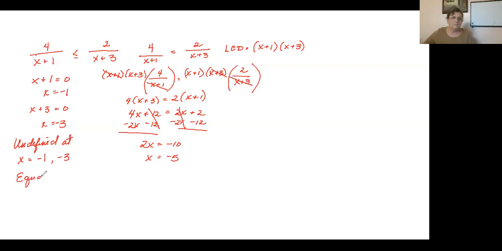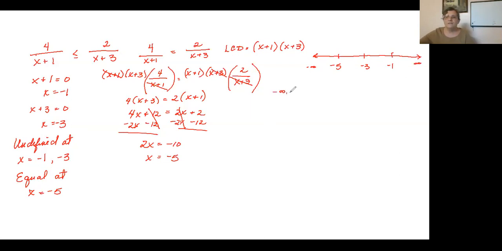It's equal at x equals negative 5. Everybody's negative. So the critical points, got to put them in order here. So negative 5 will come first, and then negative 3, and then negative 1. My intervals, this is negative infinity, positive infinity.